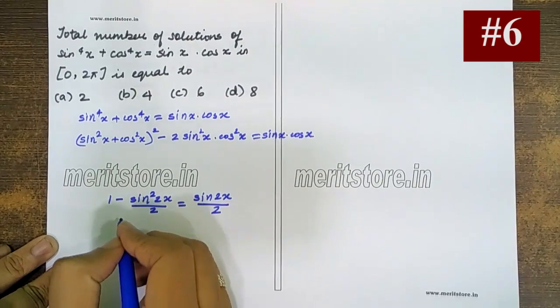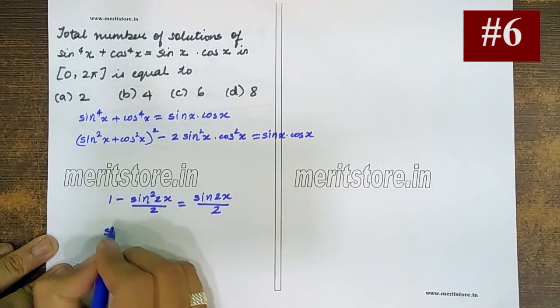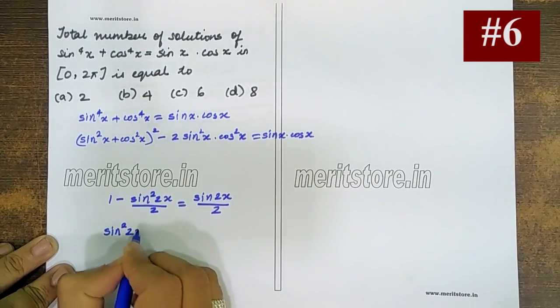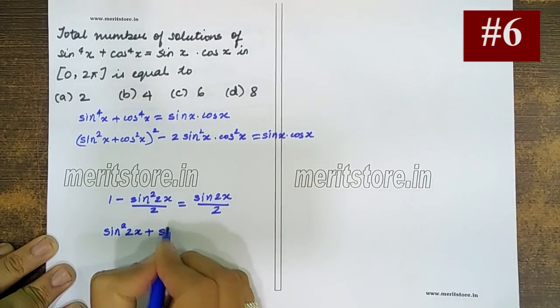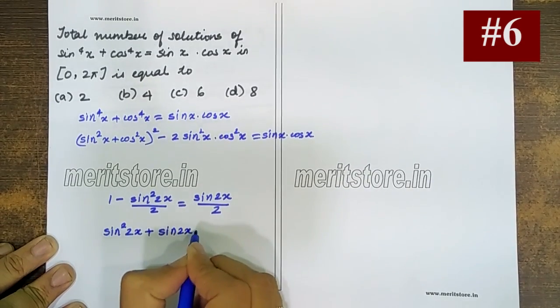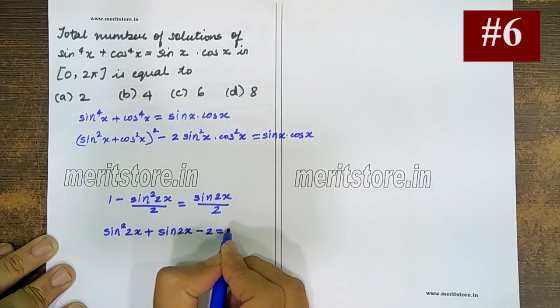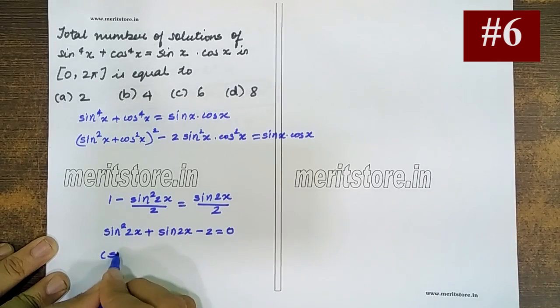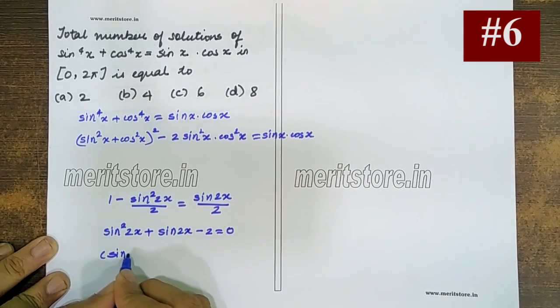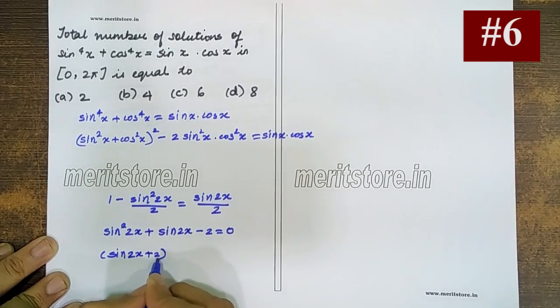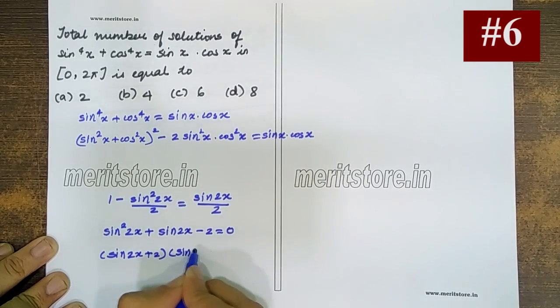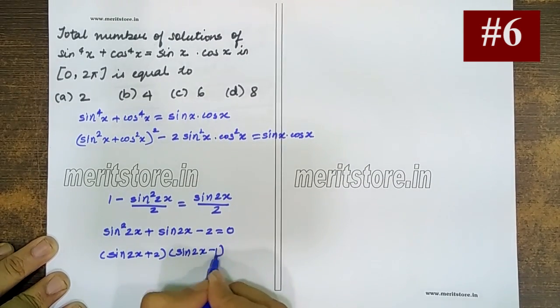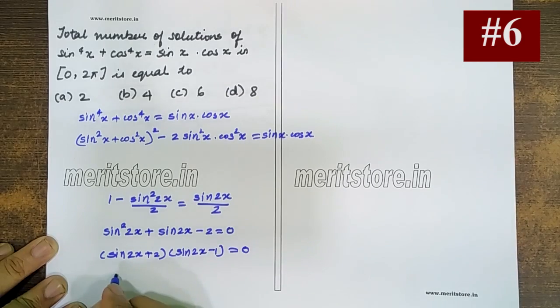Now next we will take LCM, so this will become sin square 2x plus sin 2x minus 2 is equal to 0. On simplifying this quadratic equation, you will get sin 2x plus 2 into sin 2x minus 1 is equal to 0.